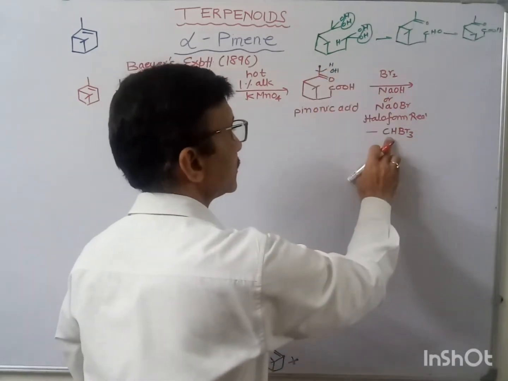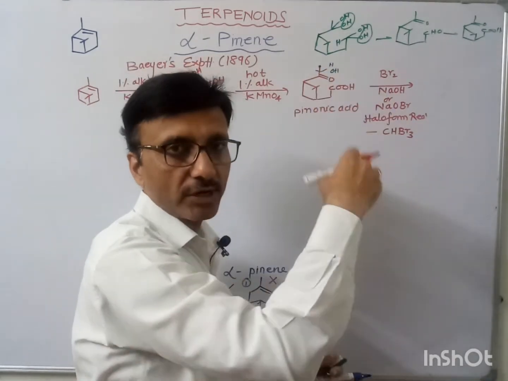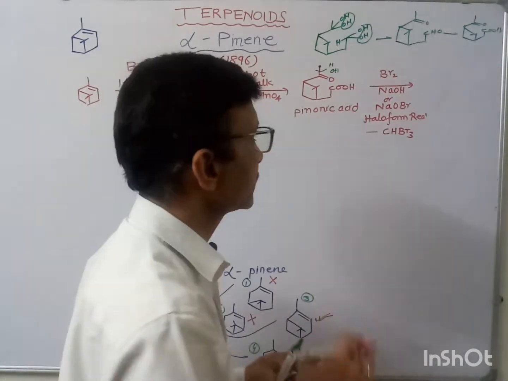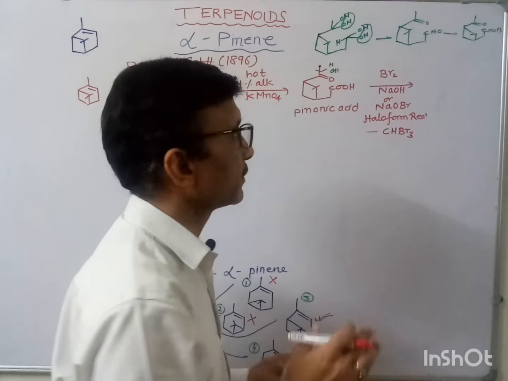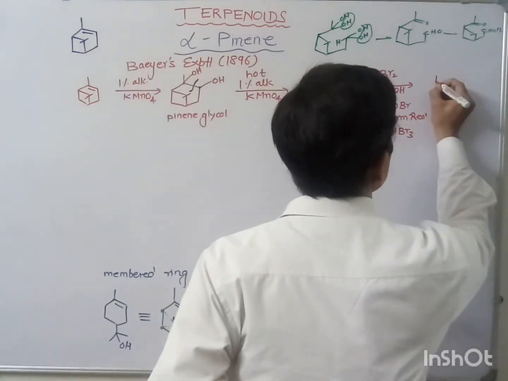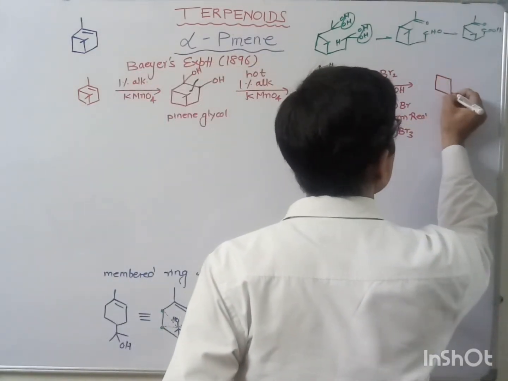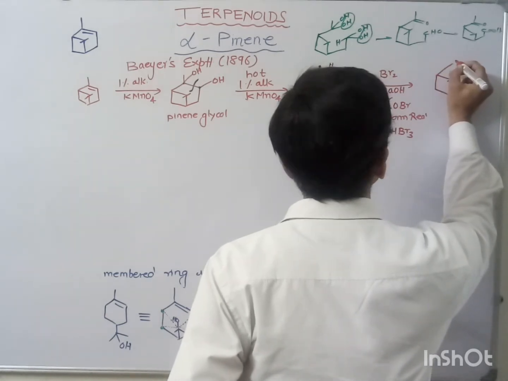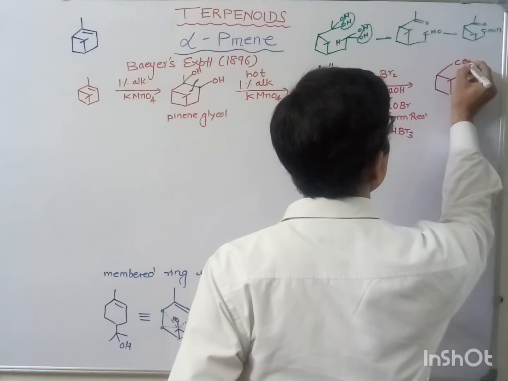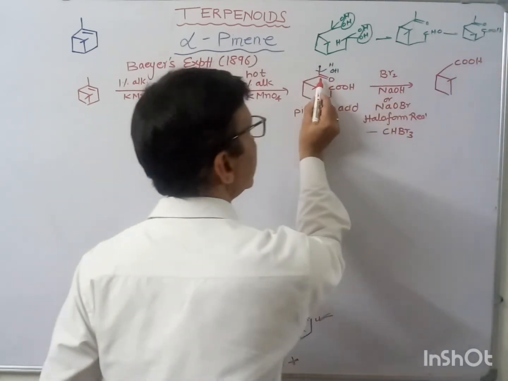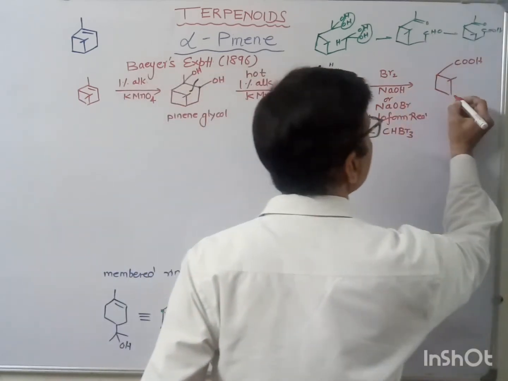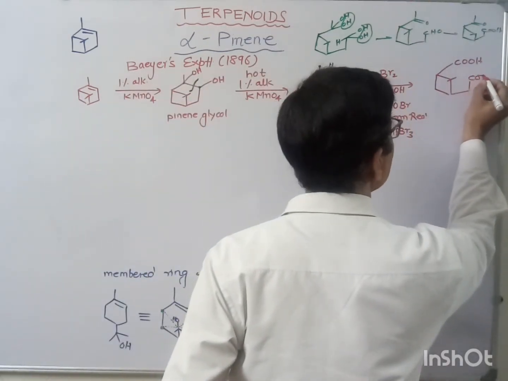This carbon is one carbon less, and it gives an acid having one carbon less. So finally, what will we get? We will get here a COOH. Okay, so this keto group is then hydrolyzed to COOH, and this is our COOH.